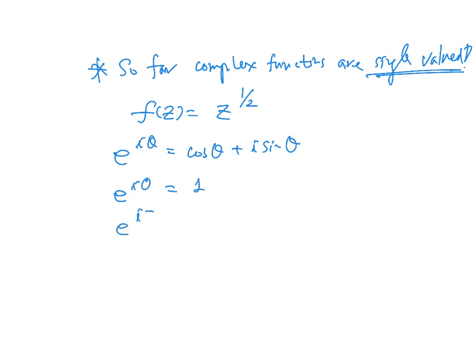Theta is equal to pi, we have minus 1, right? 2 pi, 1. 3 pi, minus 1. So we have exponential plus minus 2n pi I is always plus 1.